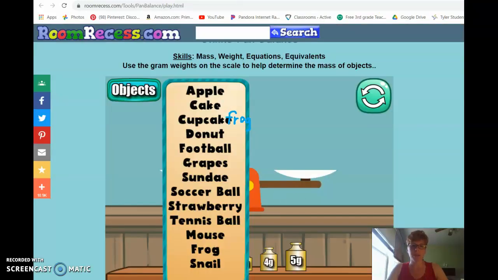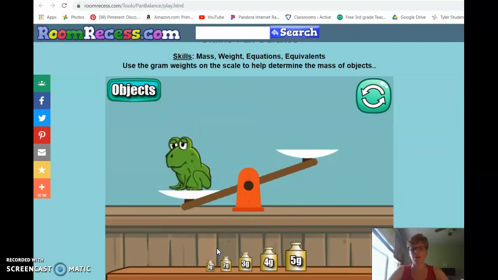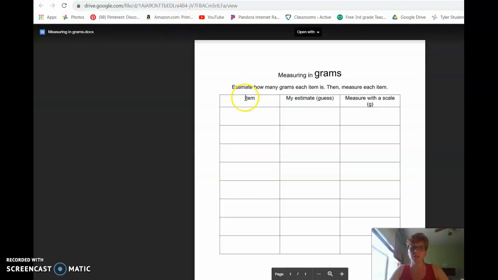I'm going to go back to my scale. And I need to choose a frog. Oh, look at that pretty cool frog. Isn't he neat? Now, first on my piece of paper, next to the frog, oh, I'm sorry, my words got erased. But we have my estimate, or my guess. So I need to guess how heavy that frog is. Now remember, a gram is about 1 or 2 paper clips.